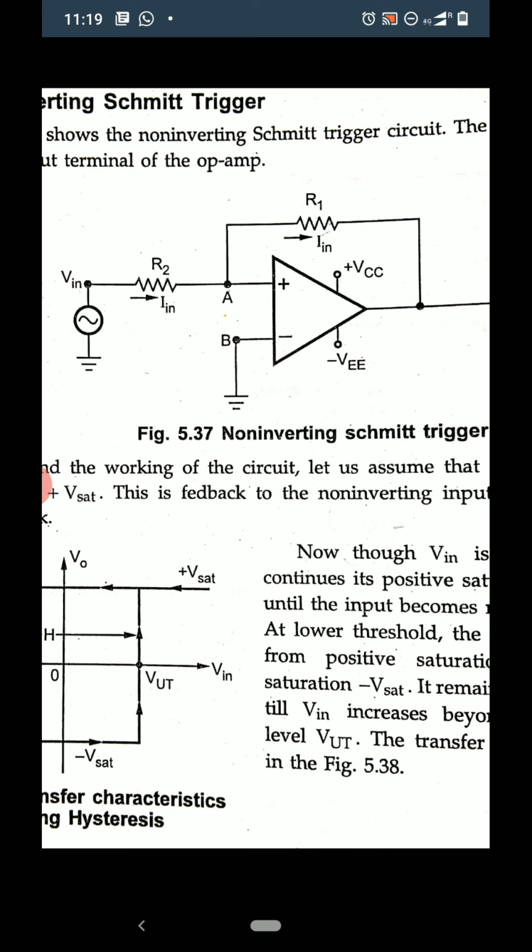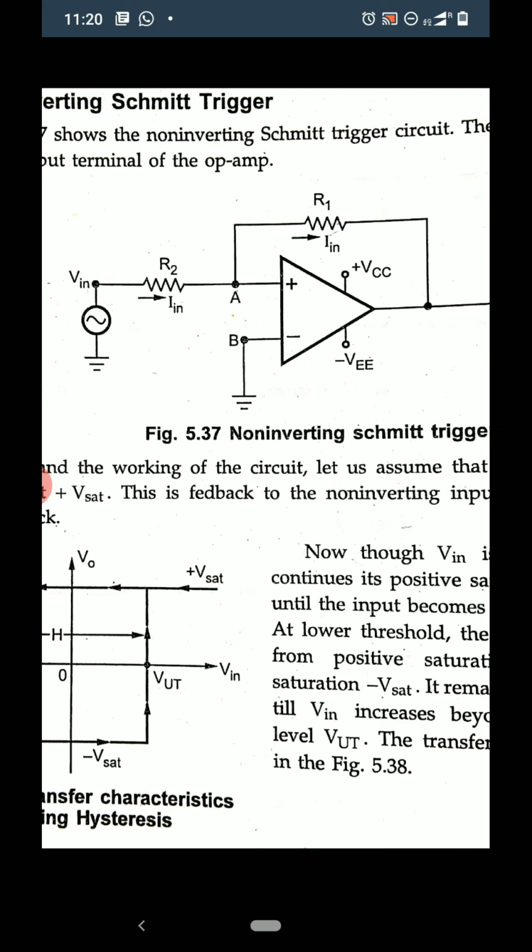So input supply is given to the positive terminal, and through feedback the point A is acting as a reference voltage, V reference. Now to satisfy the condition of positive feedback, you observe, because it is non-inverting, there will be no change in the phase. The output will be same as the input, and the same positive output is given back to the positive terminal. So the condition of positive feedback is fulfilled.